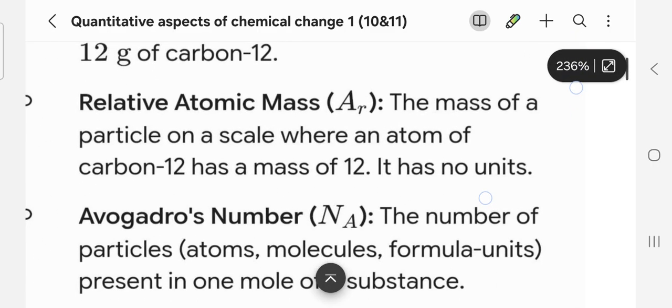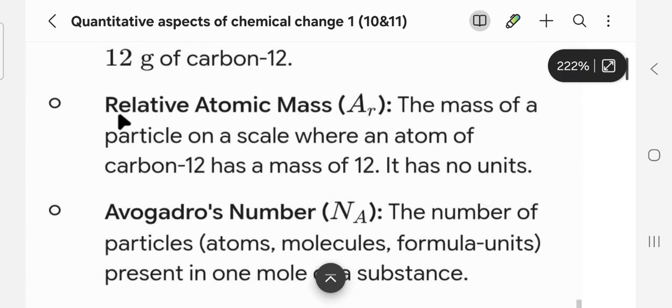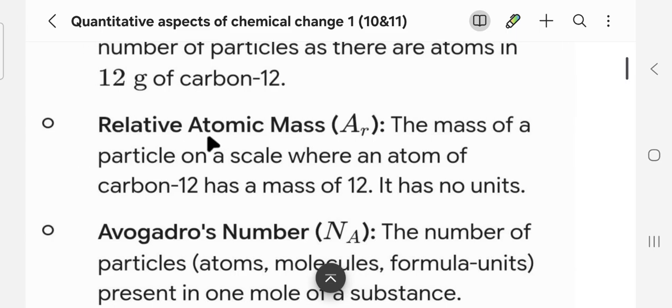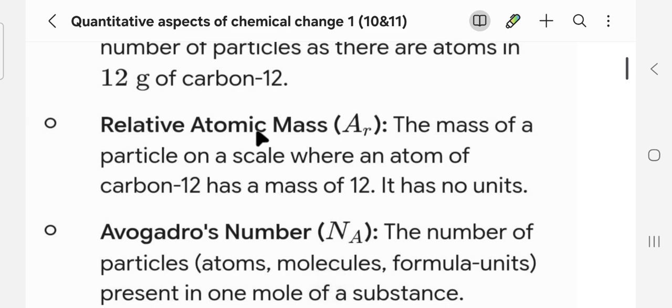Then we move on to the other definitions. This time we are looking at the definition of relative atomic mass, which in brackets can be written as a lowercase a and a small r. So the relative atomic mass, guys, is the mass of a particle on a scale where an atom of carbon-12 has a mass of 12, and this relative atomic mass will not have any units.